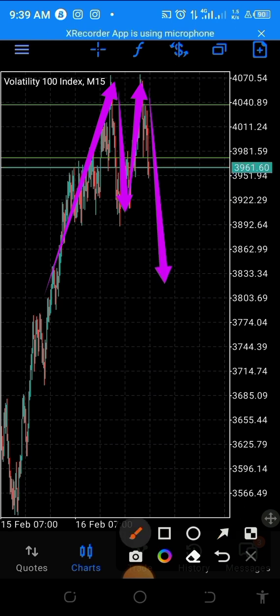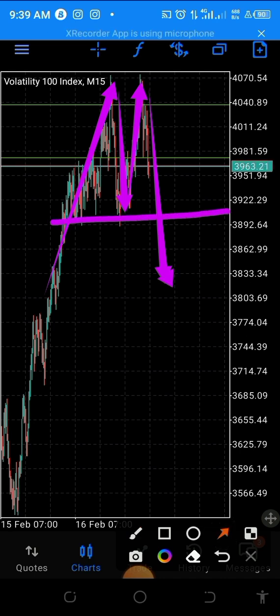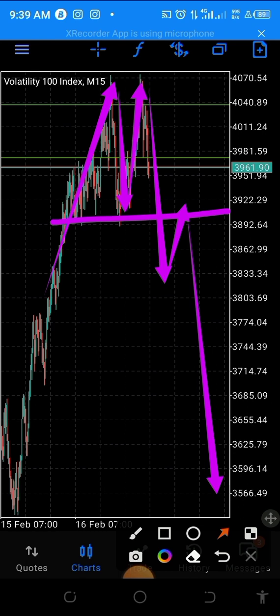Here is the base. Once that base is broken, the market will come back to retest that level, so we enter at the pullback and then it moves down.